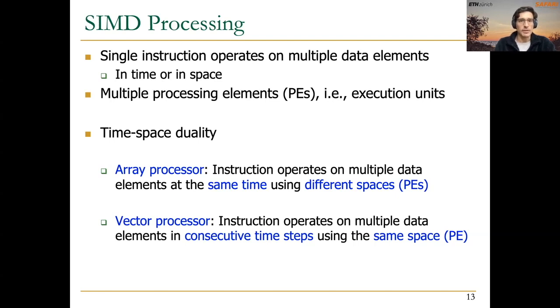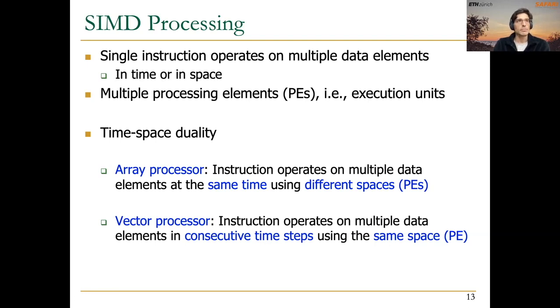So if you think about the vector processor, you will see that we are using the same space, a single space, but the parallelism is being exploited in consecutive time steps, because the multiple data elements on which the same instruction is operated are coming one by one to the pipeline and to the execution unit.